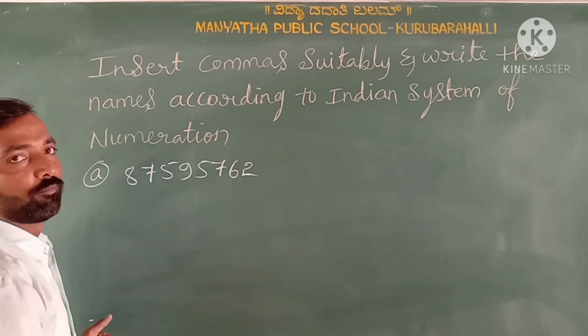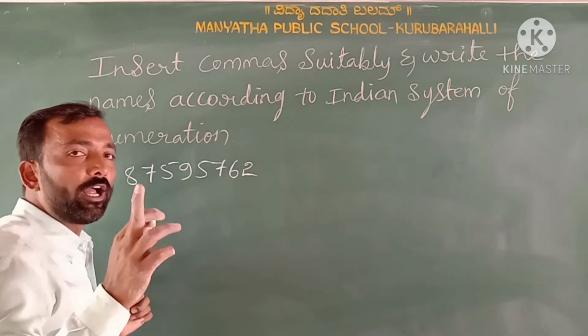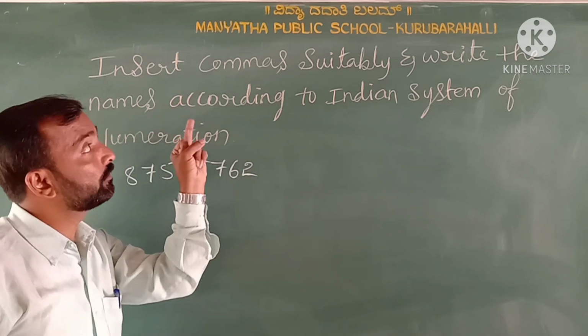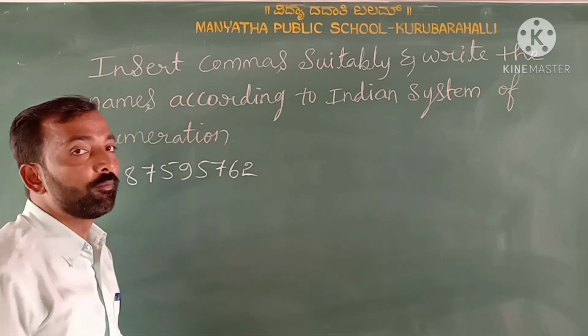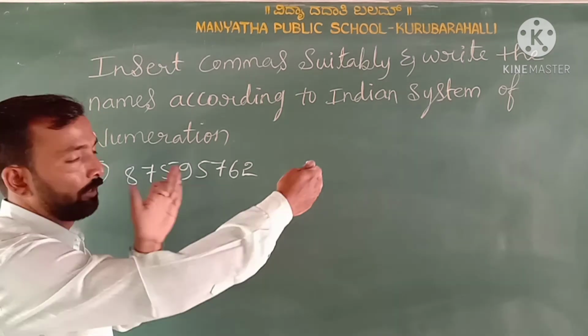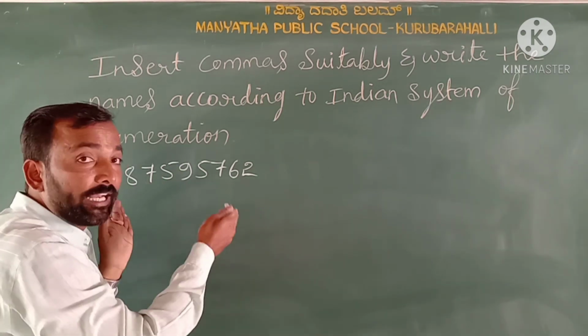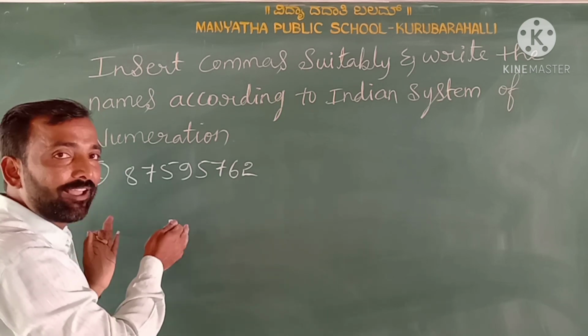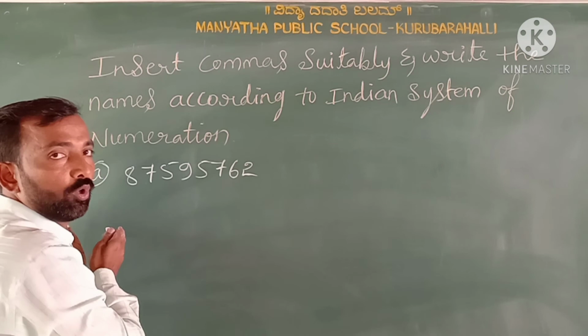See, it is the given problem. Already I told that in the place value table of Indian system of numeration, first period is units, second period thousands, next period, yes, that is lakh and crore.